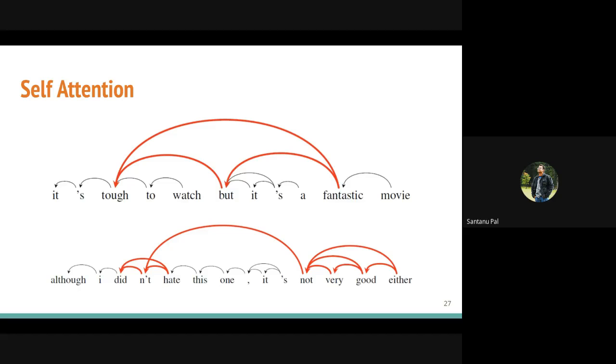So the entire representation of the sentence will contain all the information of the words. It can be applied to any NLP application, not only machine translation but also sentiment analysis, relation extraction, and entity extraction. Self-attention performs very well and outperforms other methods.